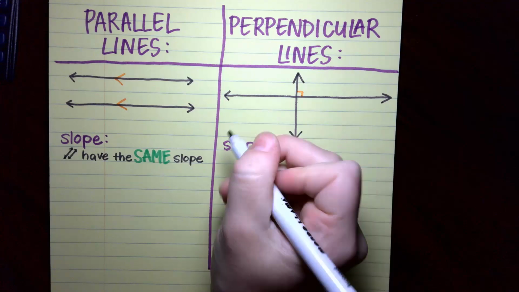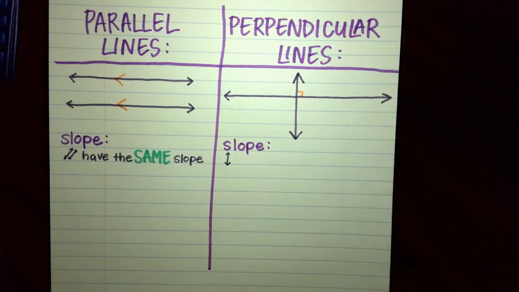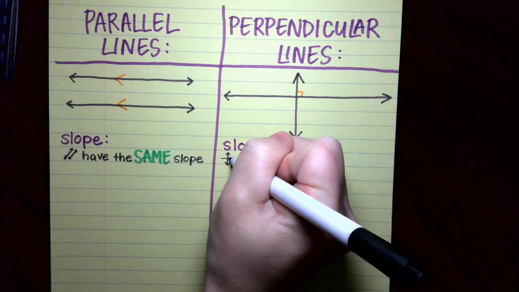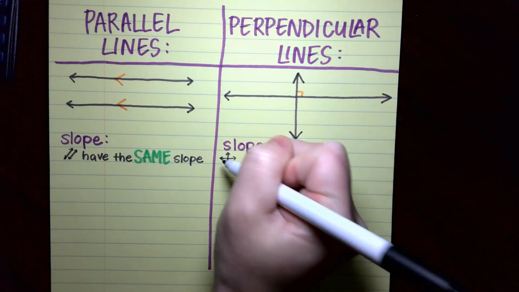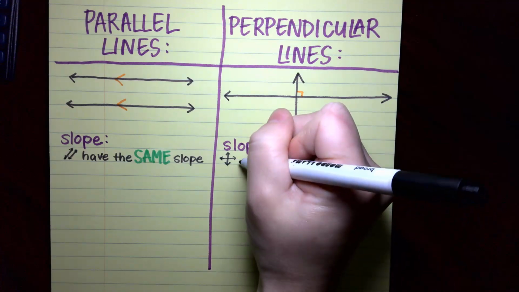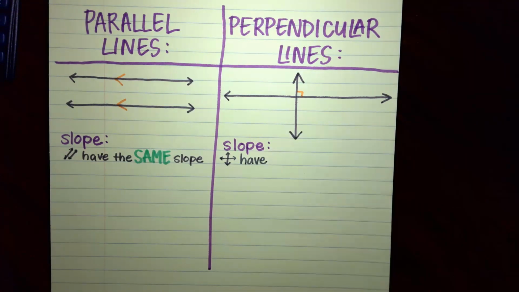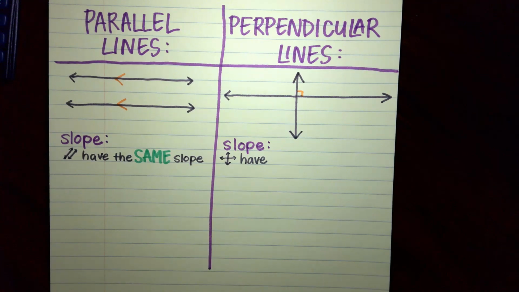Now, let's talk about perpendicular lines. So I'm going to draw a little mini perpendicular line here. Perpendicular lines have... what'd you say, Star? Aren't they going to intersect and touch? They do intersect and touch, absolutely. But their slopes, we're going to learn a new word here, guys.